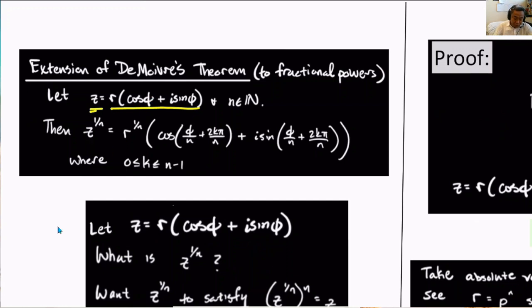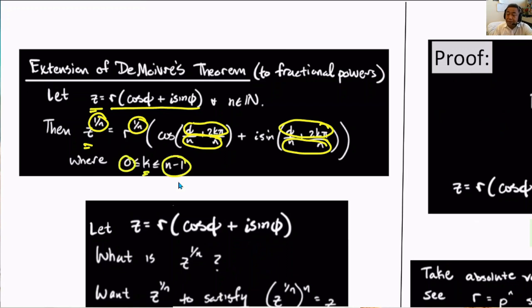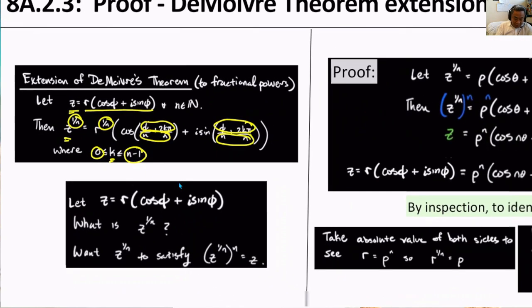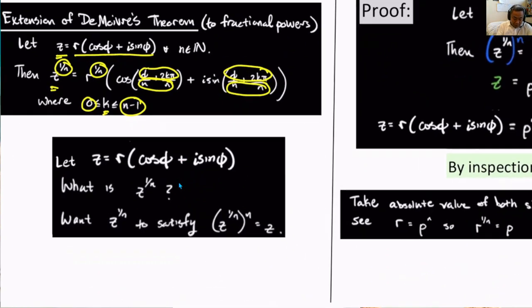And we say that with De Moivre's theorem, when we're going to find the nth root, all we are doing is taking theta plus 2k pi divided by n for cosine, and the same theta plus 2k pi divided by n for sine, and k goes from 0 to n minus 1. This is the fractional powers of De Moivre's theorem.